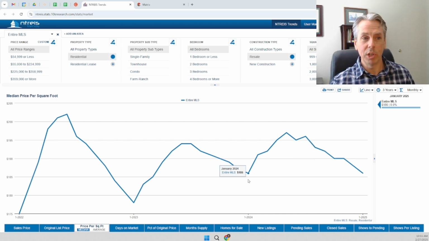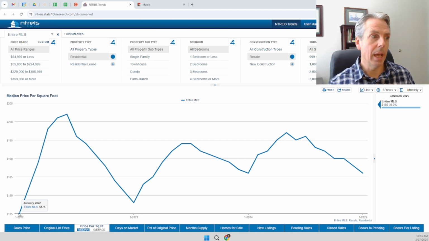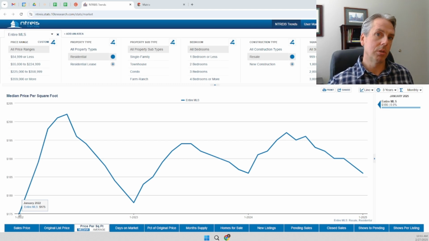If I look at January 2024, the unit price is the same as it is right now. But what if I go back 3 years? Same month over 3 years is much lower than it is right now. So if I'm projecting 3 years, then I have an increasing market.